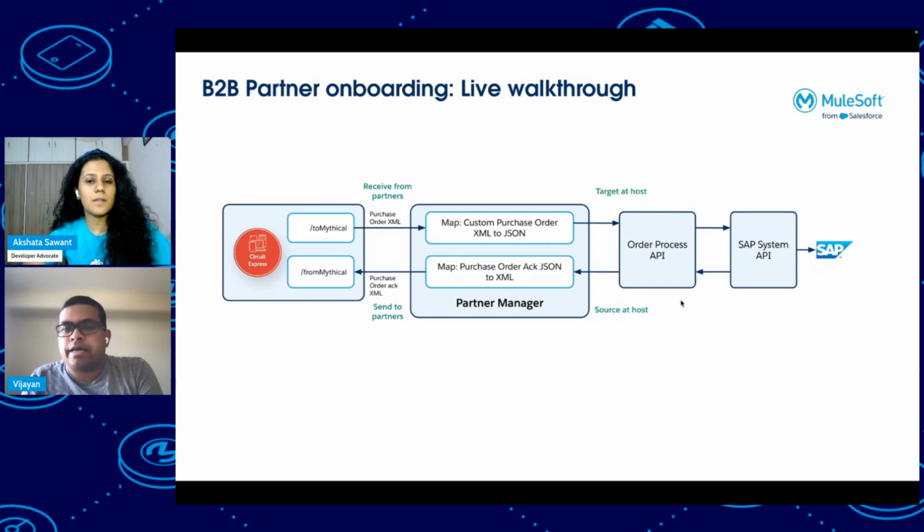And when a backend system, let's say an order gets fulfilled and then there is invoice data that needs to be sent, that is called source at host. And when it eventually becomes a message that needs to be sent out to partners, we call it a send to partners message type or endpoint.